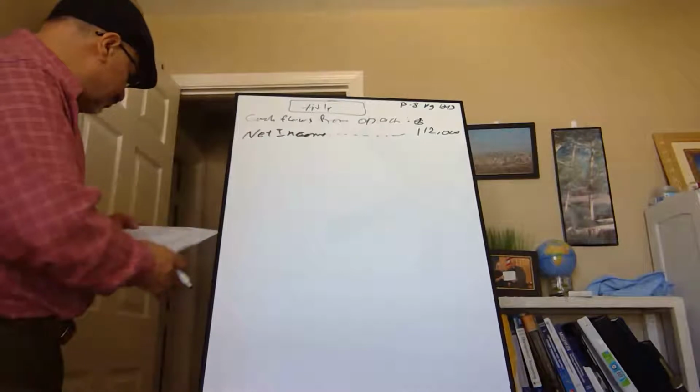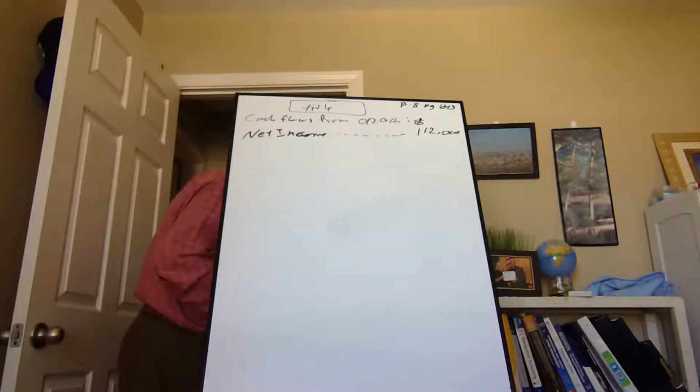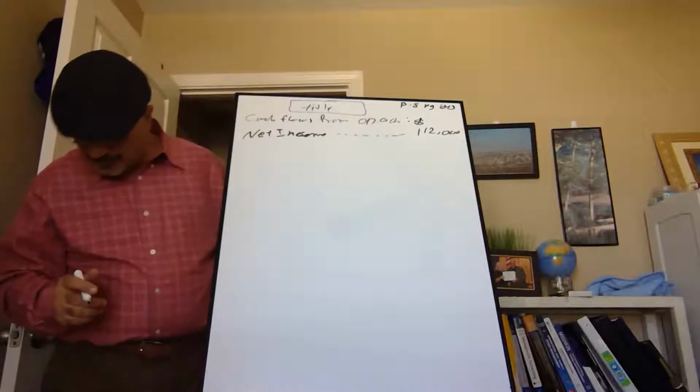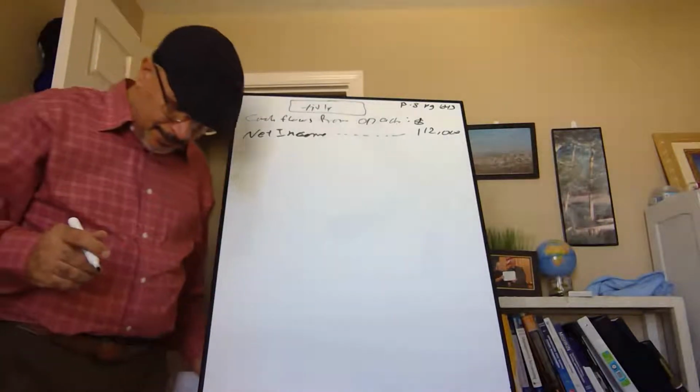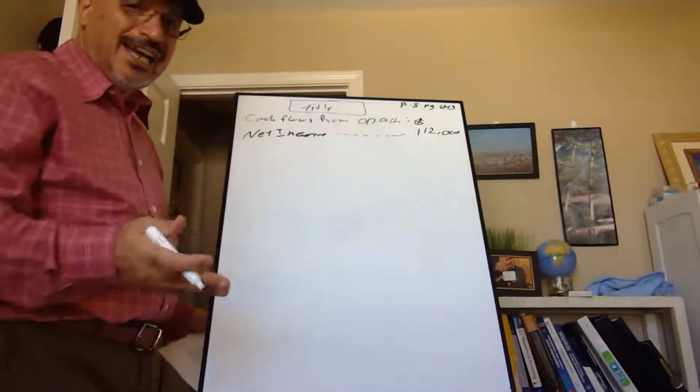We do have depreciation on buildings, depreciation on equipment, amortization, and gain on sale of equipment. That's what the problem is telling us, so we add those back.